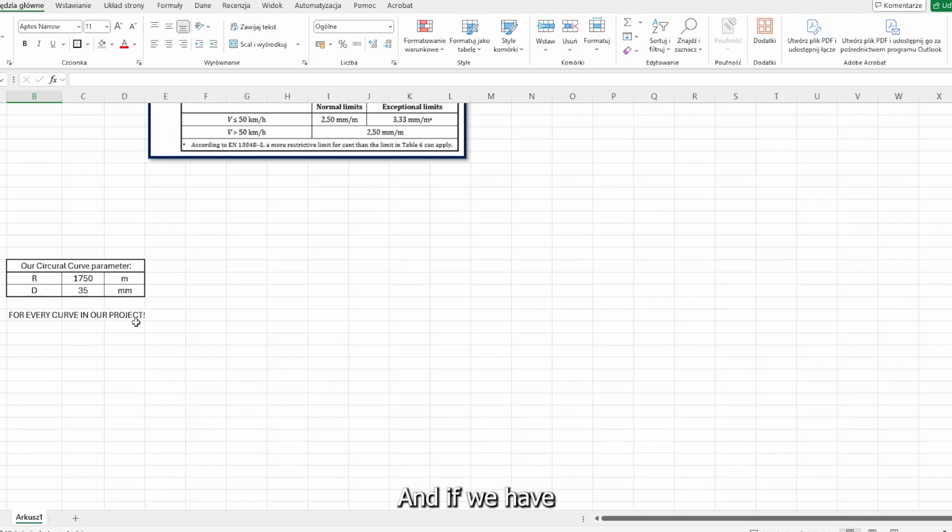And if we have a few circular curves in our project, we must do the calculations for every one. So that's all about the horizontal alignments. We must calculate the pair of radius and cant for every circular curve in our project.